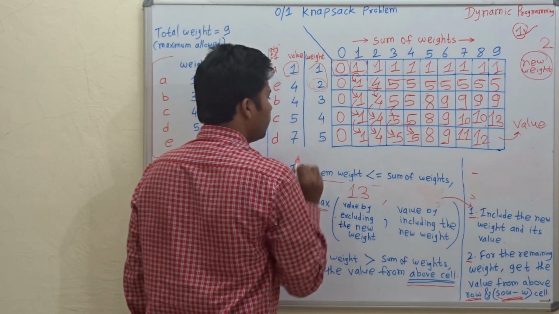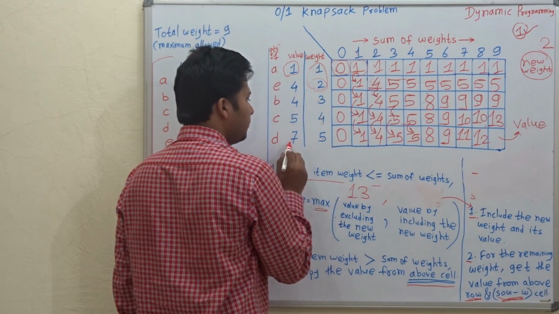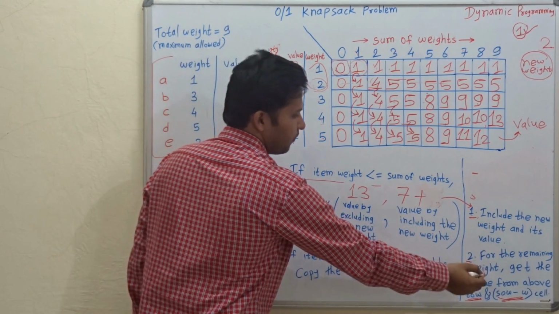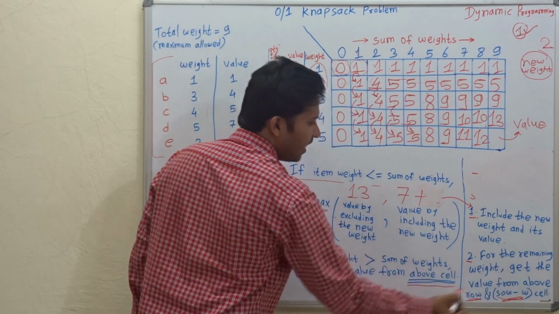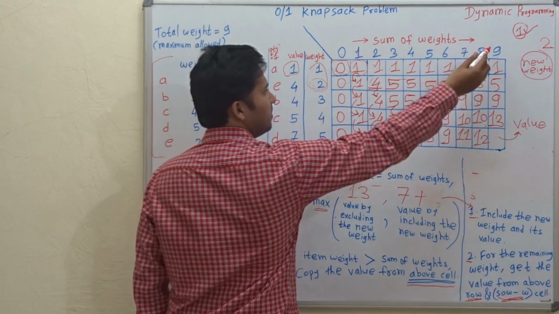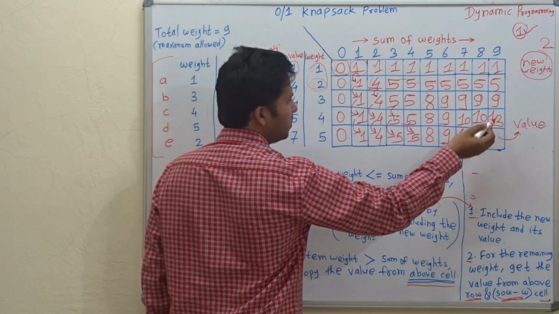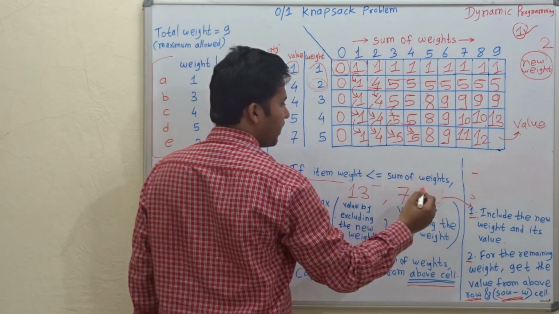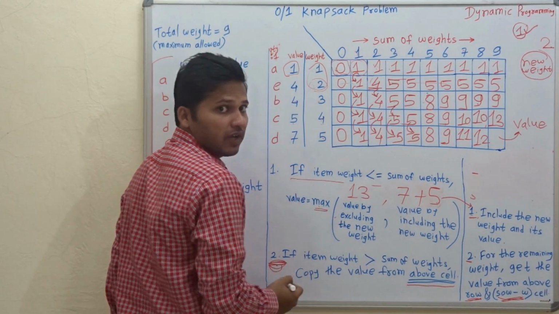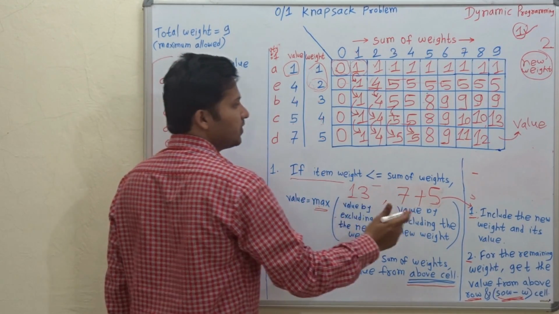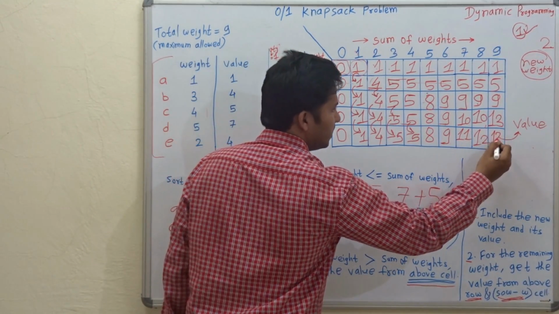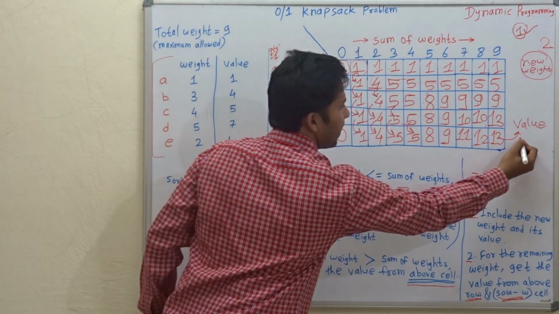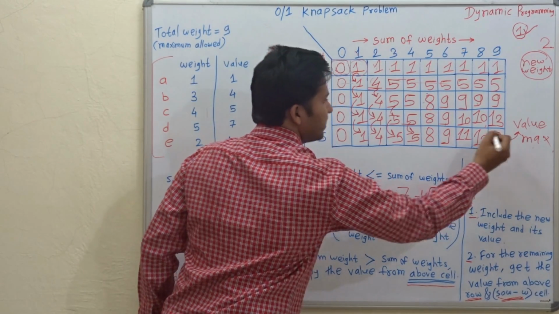So include the new weight, so we have included 5 and the value is 7, plus, now for the remaining weight, get the value from the above cell. 9 minus 5 is 4, so go in the above cell and the fourth column, the value is 5, so 7 plus 5 is 12. So what is the max? 13 and 12, so max is 13. Okay, so this is the final value and this is the max value generated.